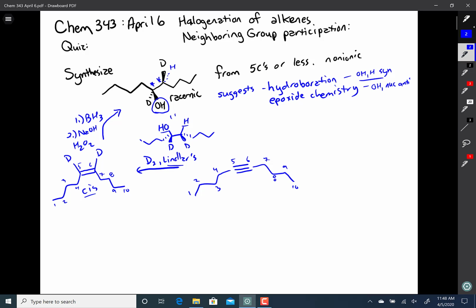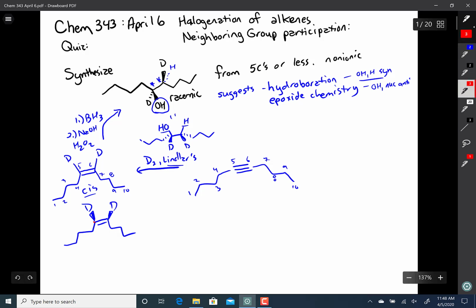Now, a couple of errors that I've noticed on this step on the quiz. A lot of people were drawing this product like this. Please, please, please don't do this. These carbons are sp2 hybridized. That means they are trigonal planar.